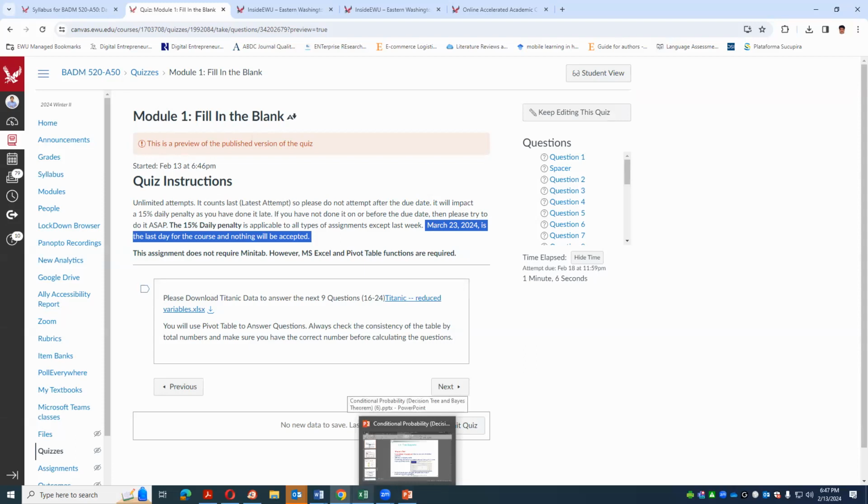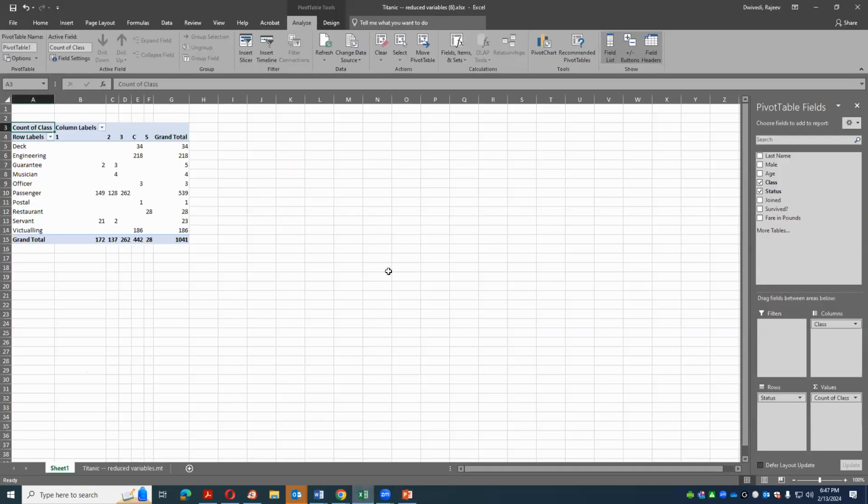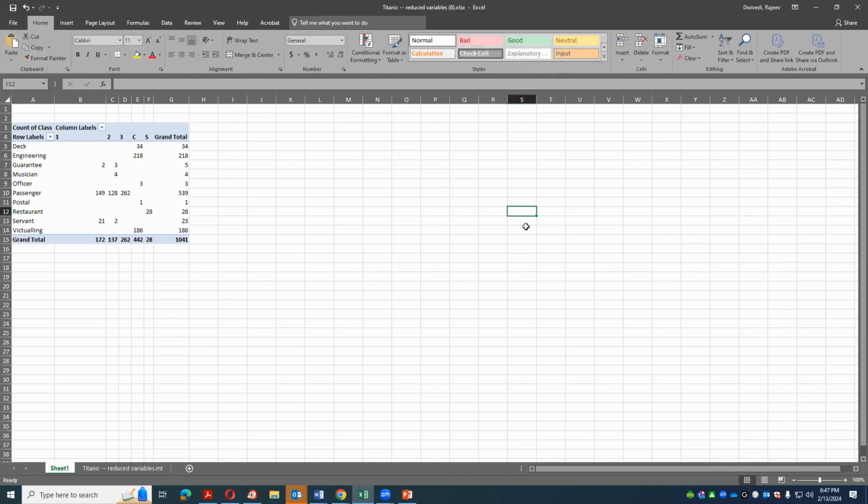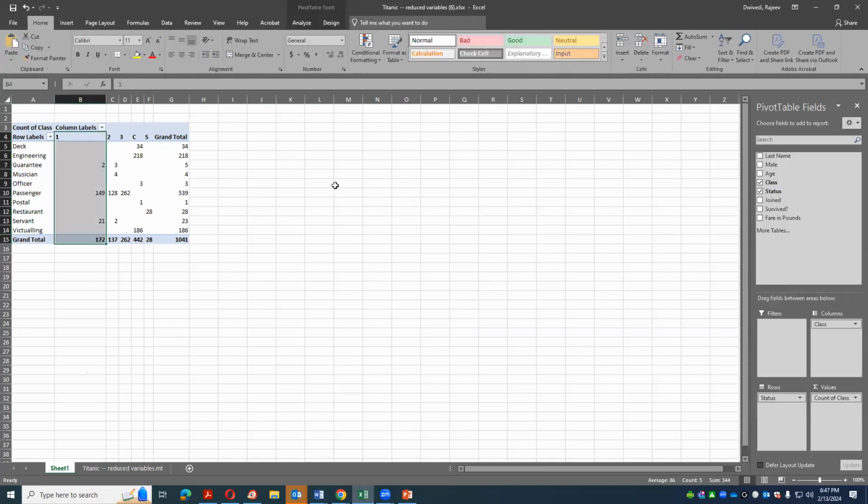So what I did is this is my table. I put class in column, status in row, and I put value. So this is my cross tabulation of 1041 number. You check if this number is correct, whatever number you got.